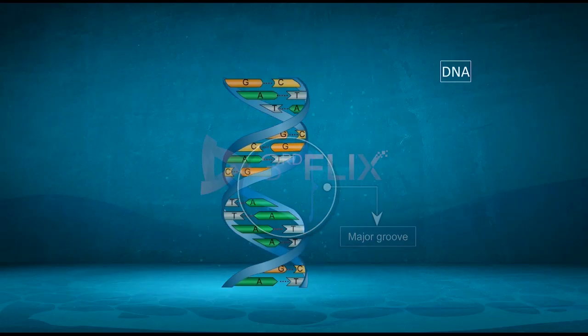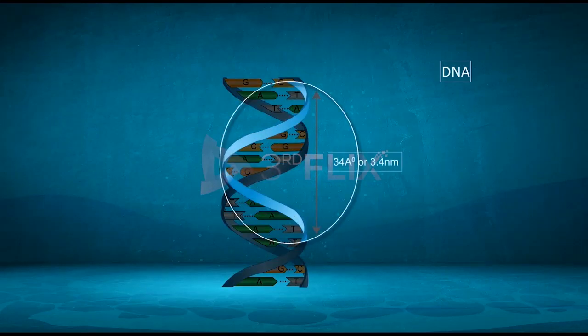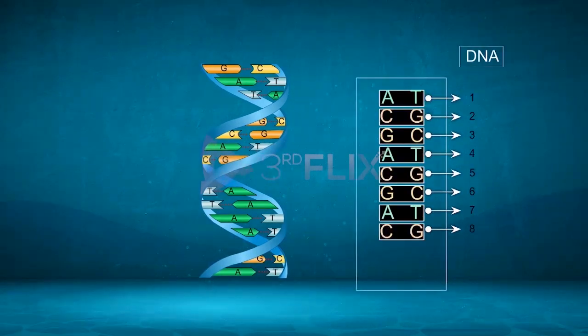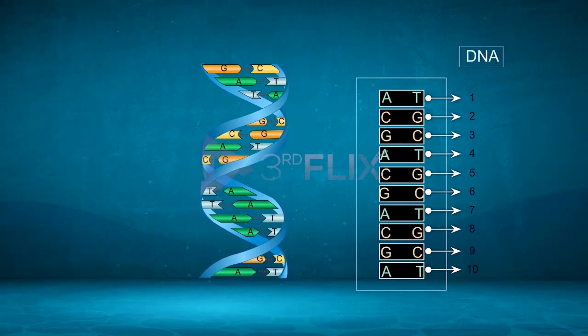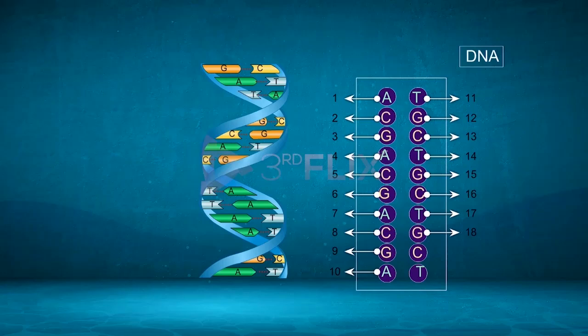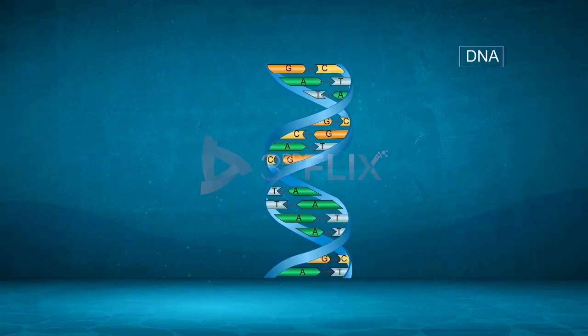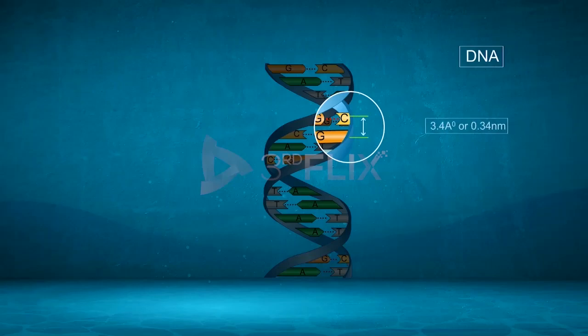The length of each turn is 34 angstrom units, or 3.4 nanometers, accommodating 10 base pairs or 20 nucleotides. The internucleotide distance is 3.4 angstrom units, or 0.34 nanometers.